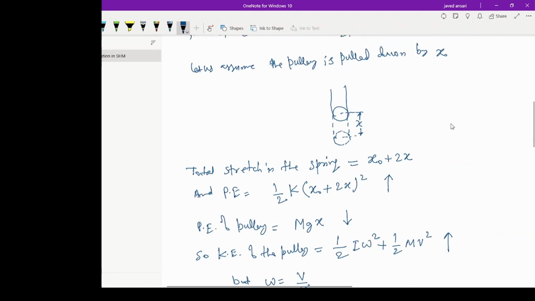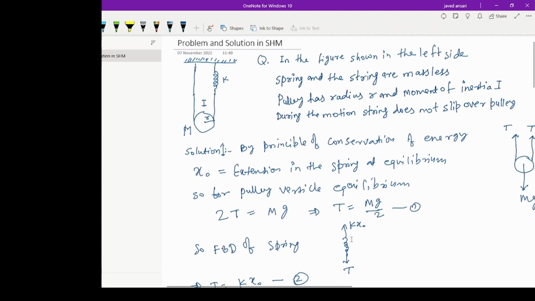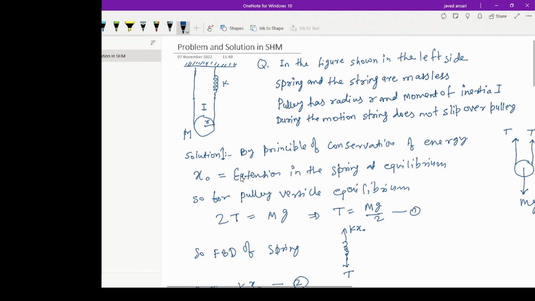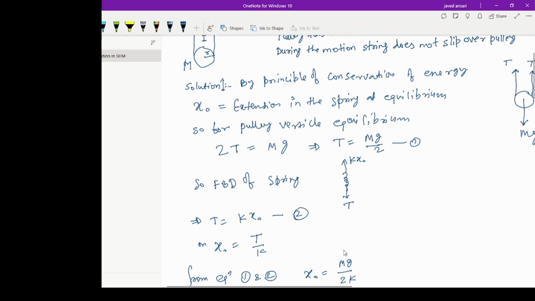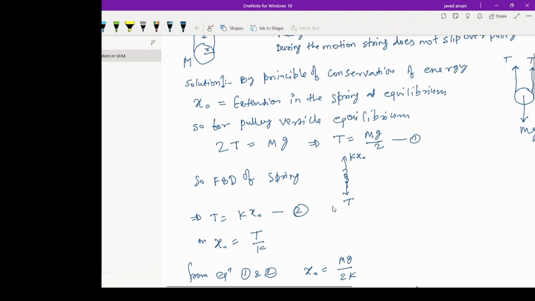So just a recap on the last solution we did: this system will be initially in equilibrium position, and the natural elongation x naught of this system will be mg by 2k, right? So this is the same quantity we are going to reuse.